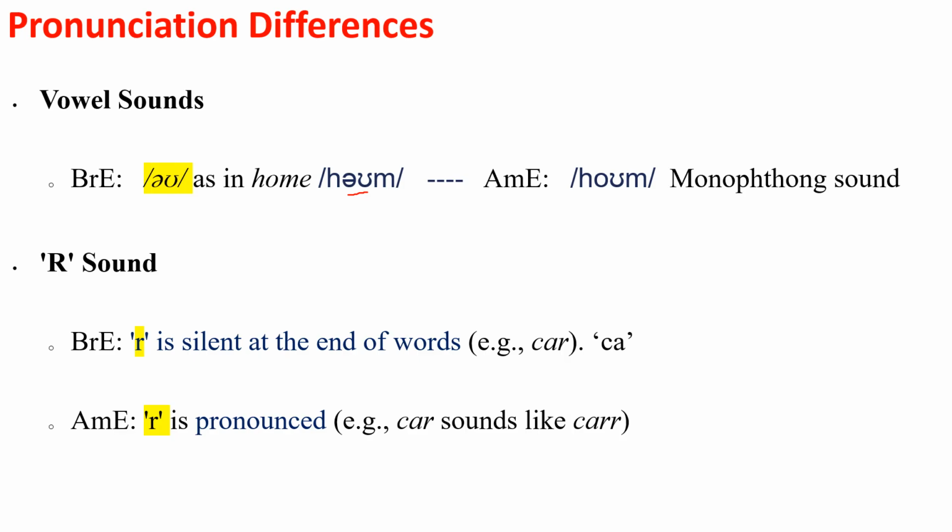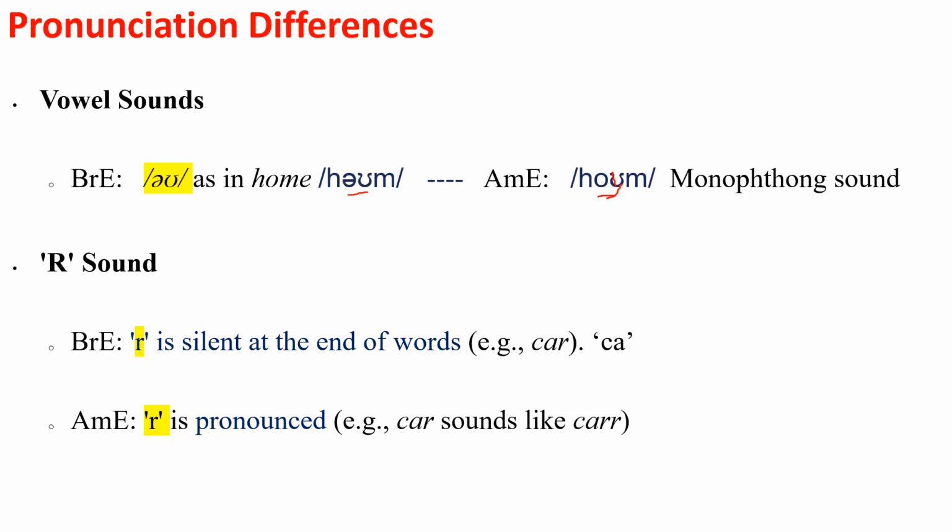But in American English, it is pronounced with a monophthong. So home in American English is a monophthong.